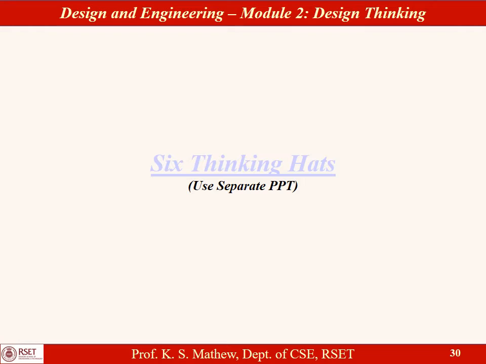And six thinking hats uses six color hats to represent the direction of thinking. Color of the hat represents the direction of thinking. There are six color hats. I will explain the purpose of each of the hats. The white color hat. White color represents the data and information. White is the color of the paper, white paper, where we write a lot of information and data.